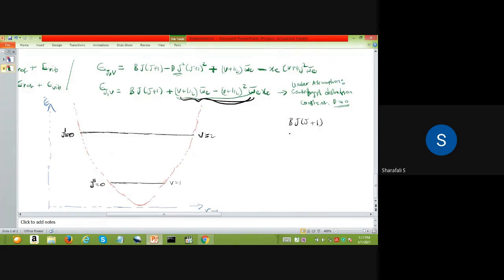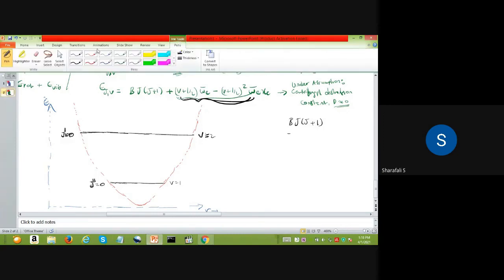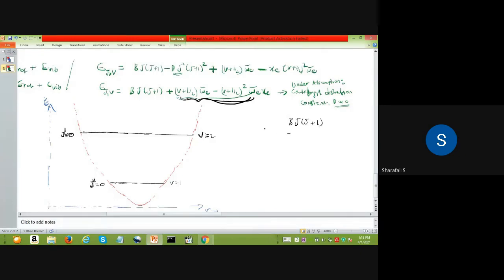When j equal to 0, this quantity will become 0.